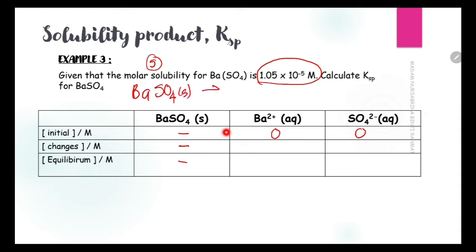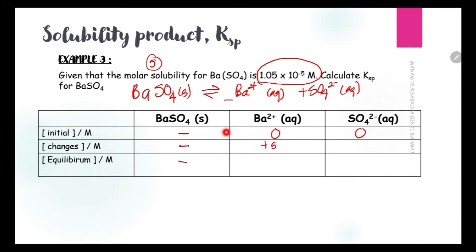If you write down the reversible reaction for barium sulfate, you will produce 1 mole of Ba2+ ion plus 1 mole of SO4 2- ion. Since it's 1 mole of barium ion, this one is just plus S.